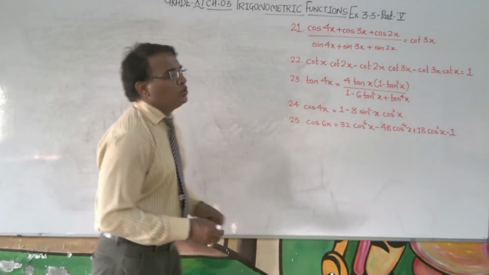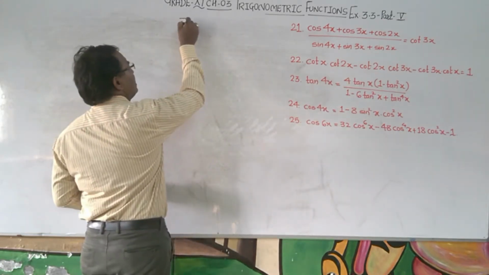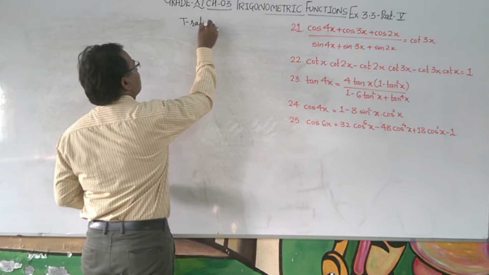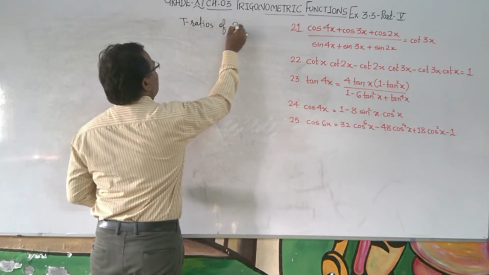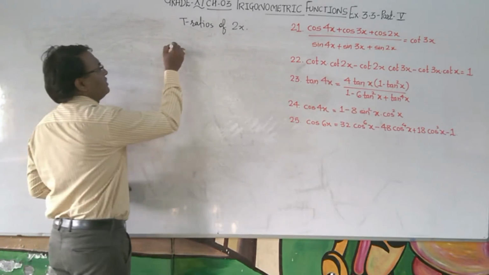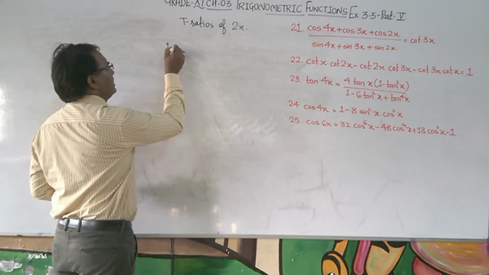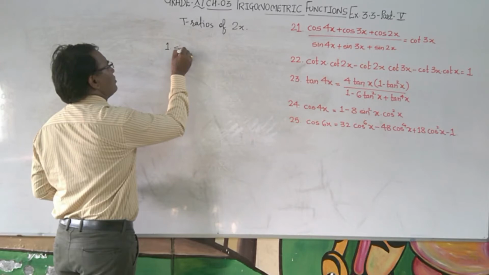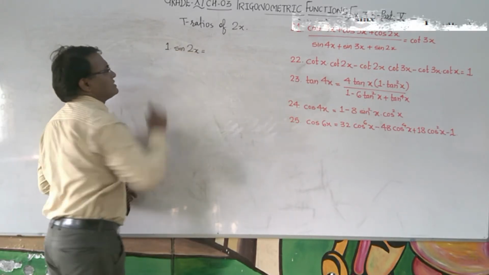Formulas of t ratios of 2x. Let us start with formula number 1, that is sin 2x.